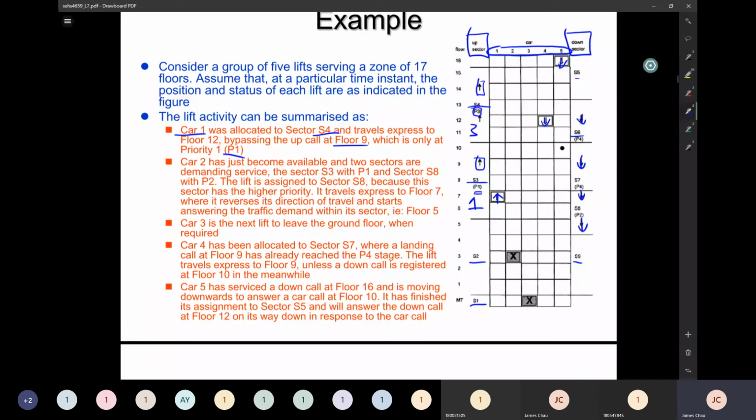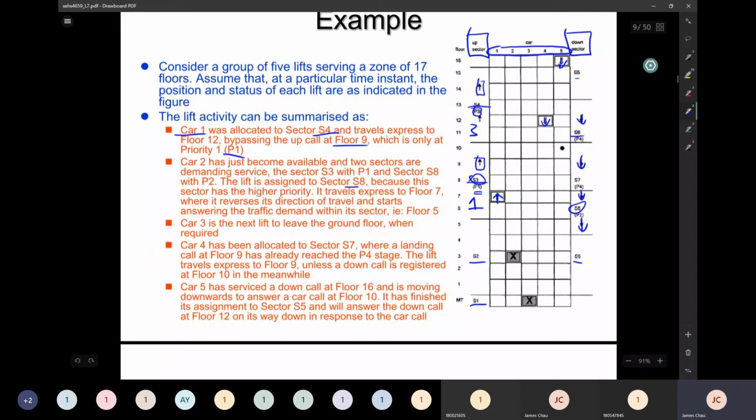Okay, and car 2 has just become available, and two setters are demanding service, including S3 and also S8, because they are closer to car 2. But setter 8 has a priority P2, higher than setter 3, P1.